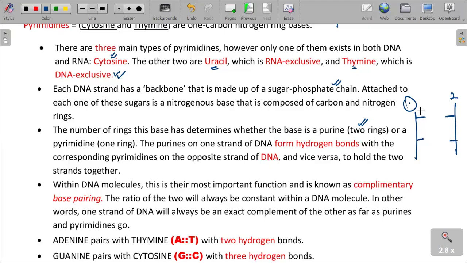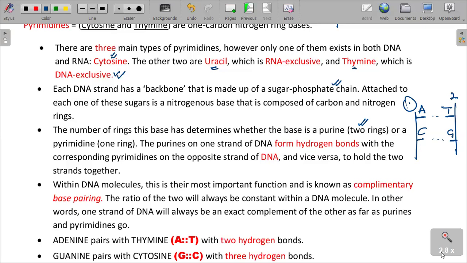So it is A here and T there, C here and G there. In between them there are weak hydrogen bonds that join the two complementary bases, and so the two strands, together. They form with the corresponding pyrimidines on the opposite side, or vice versa, to hold the two strands together.